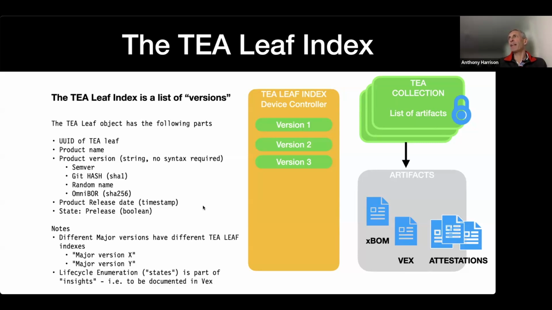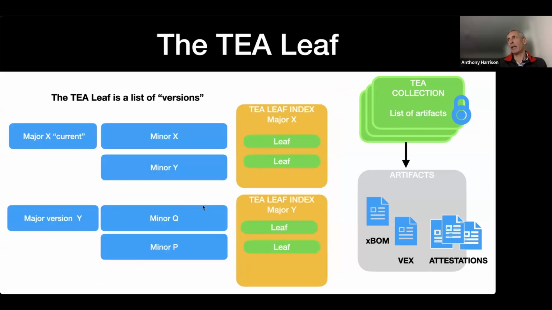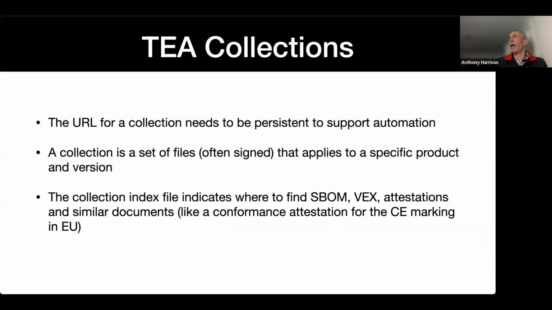We will have a different index when we change the major version, as we'll see here. And obviously we have the list of collections. So we're going to have a collection of artifacts that will then be referenced from the leaf. So a collection is really a URL.